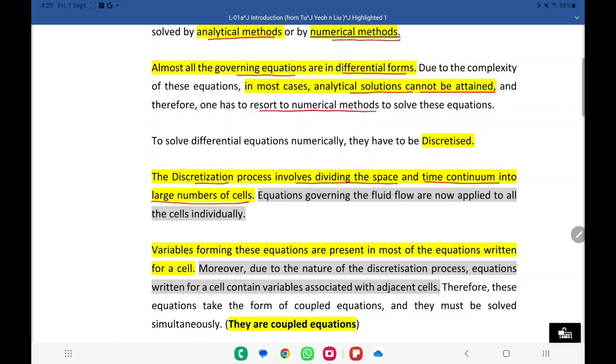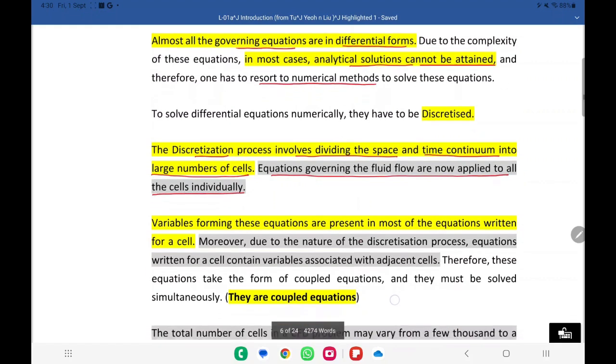Then the equations governing the fluid flow are applied to the cells individually. All these equations which you have written, maybe 7, 8, 9 or 10 equations, are applied to each cell individually. Now your domain is divided, so you will write them for each cell.